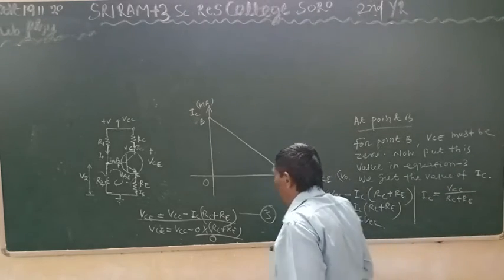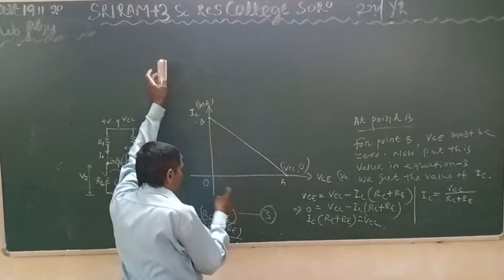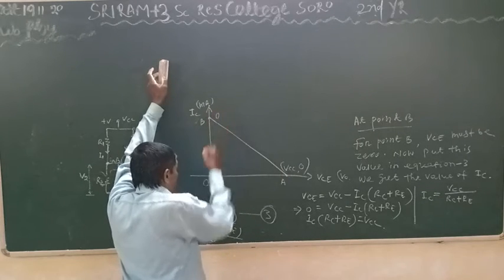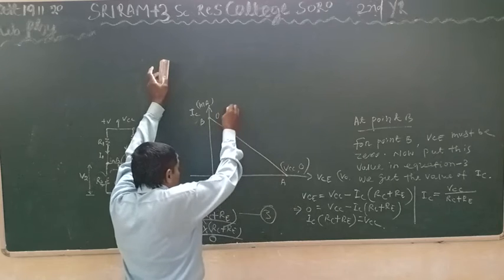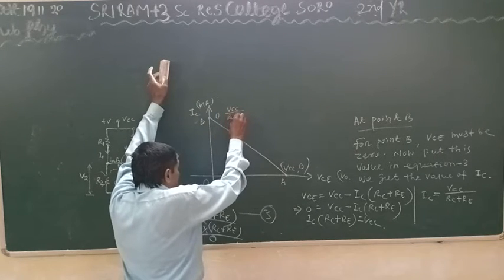Now at this point B, VCE is 0 and IC is VCC by (RC plus RE).